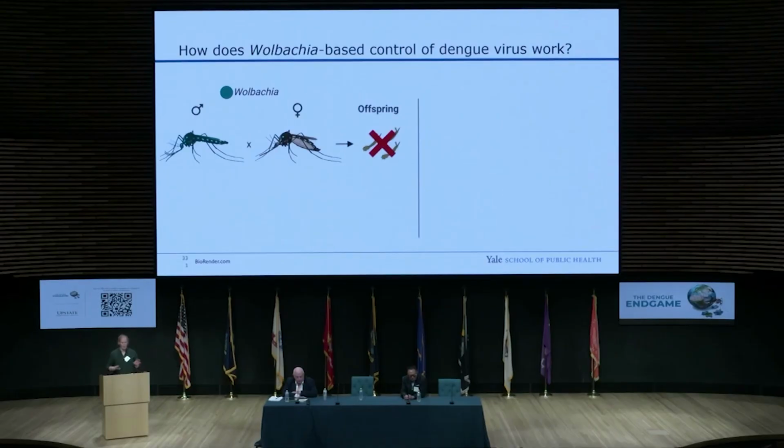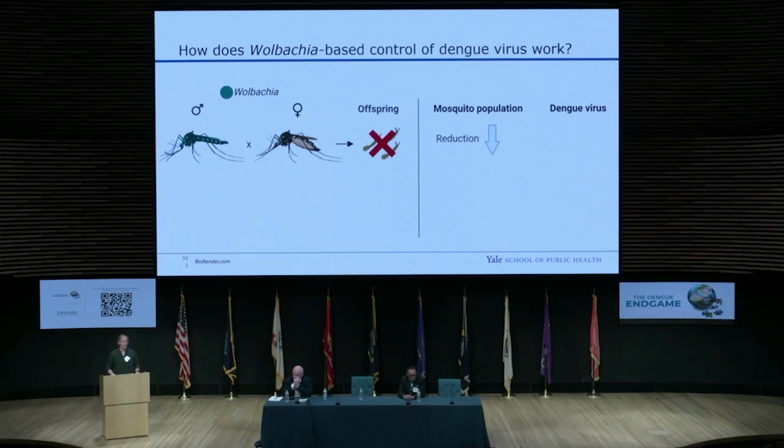We heard a bit about Wolbachia yesterday already, so I just want to touch upon the bigger concepts of how Wolbachia-based control of dengue works. Wolbachia is used in two distinct strategies. The first strategy is to release male mosquitoes in the field that carry Wolbachia, which leads to population suppression.